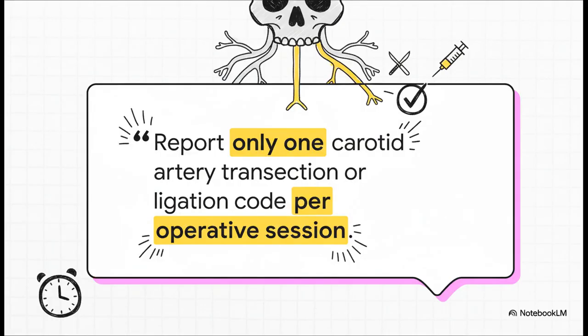But here is the most important rule, and I really want you to burn this into your memory. You can only report this code once per operative session. It doesn't matter if multiple branches were involved, doesn't matter what the circumstances were, the guideline is absolute. 1 session, 1 code, 61611. This is a super common area for mistakes, so you've got to be vigilant.